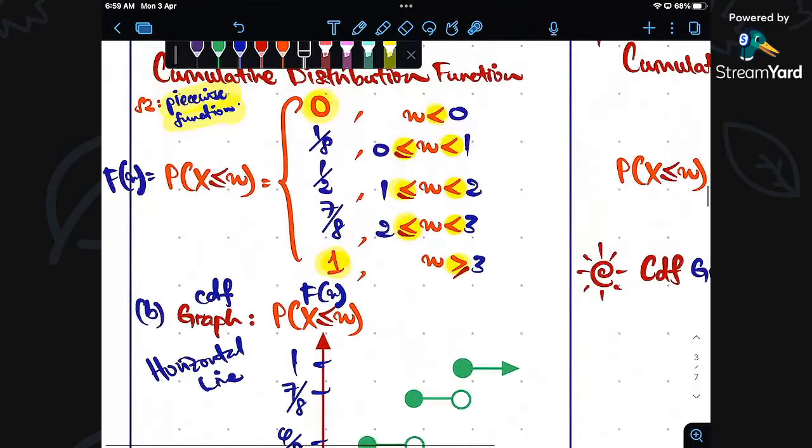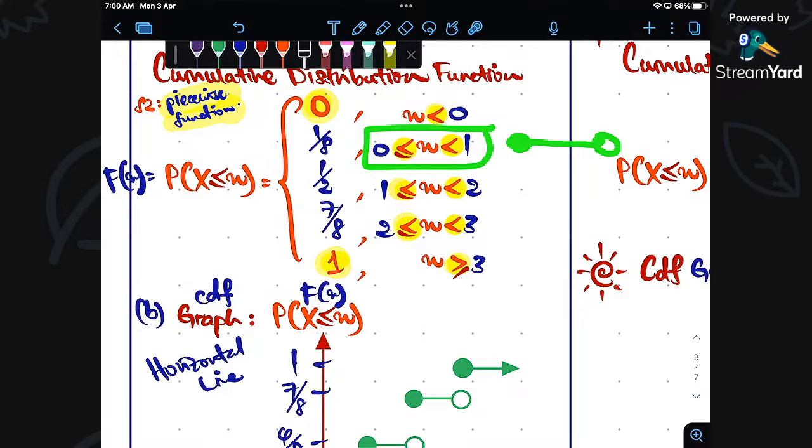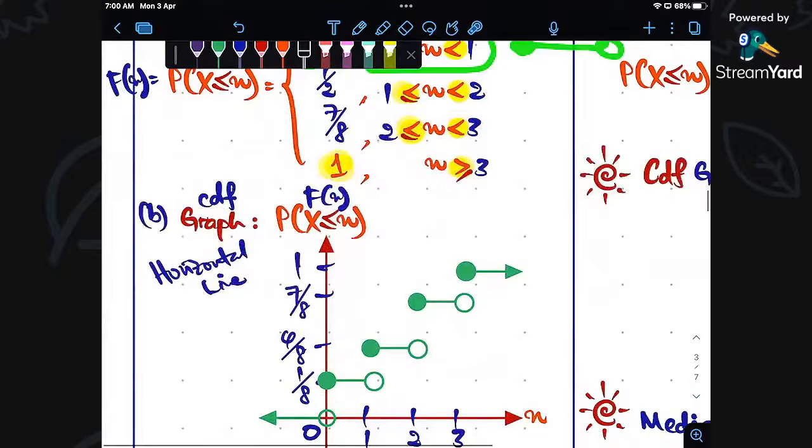The next part is 0 to 1. From 0 to 1, with a filled circle at 0 and an empty circle at 1, for the probability of 1 over 8.